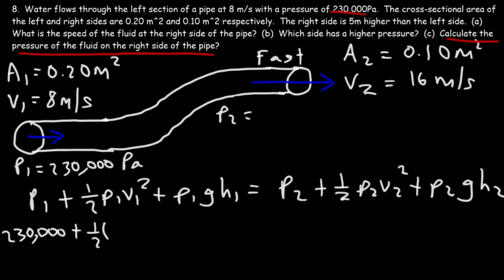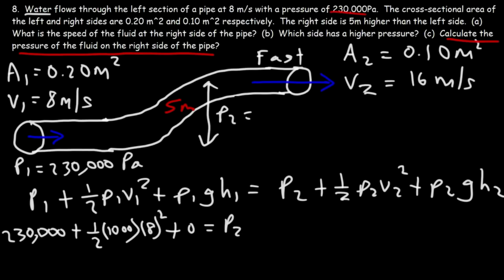Rho 1, that's going to be the density. The density of water, we're dealing with water in this example, is 1,000. V1 is 8. Now, the right side is going to be 5 meters higher than the left side. So if the left side is our reference level, it's going to have a height of 0.